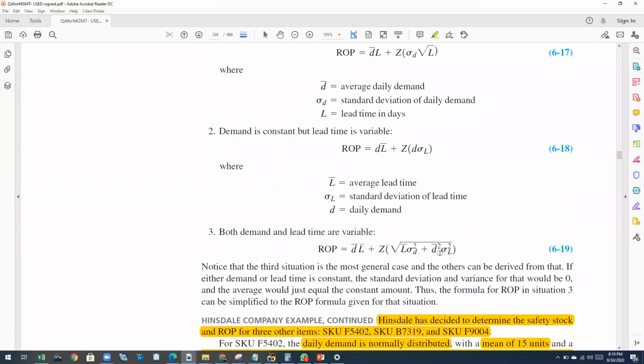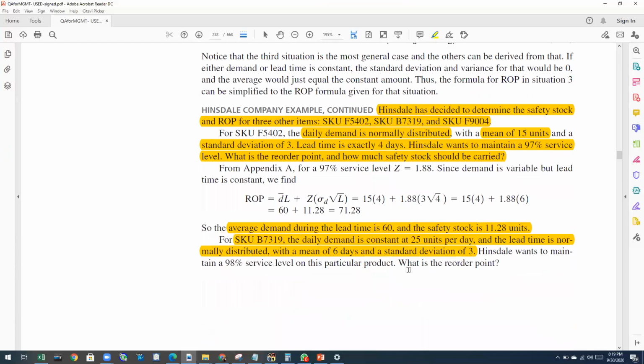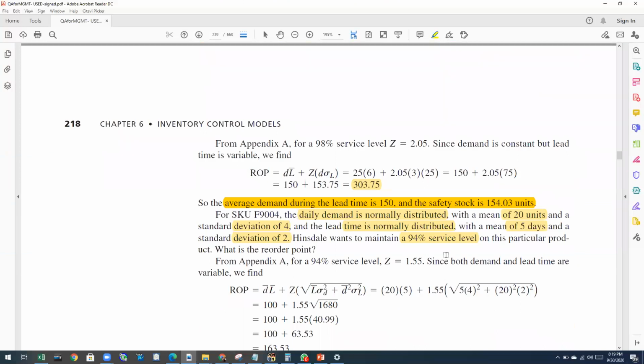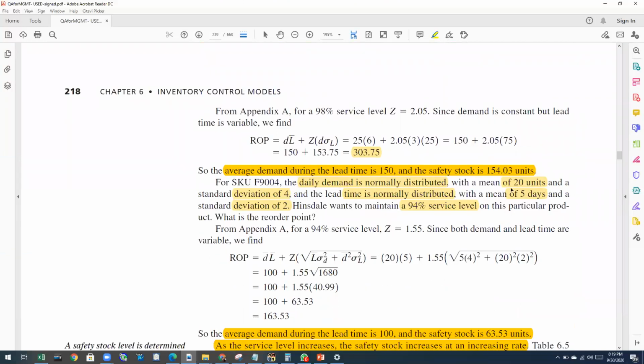average daily demand squared multiplied by standard deviation of lead time squared. So average daily demand, which is 20, squared, multiplied by standard deviation of lead time, which is 2, squared.